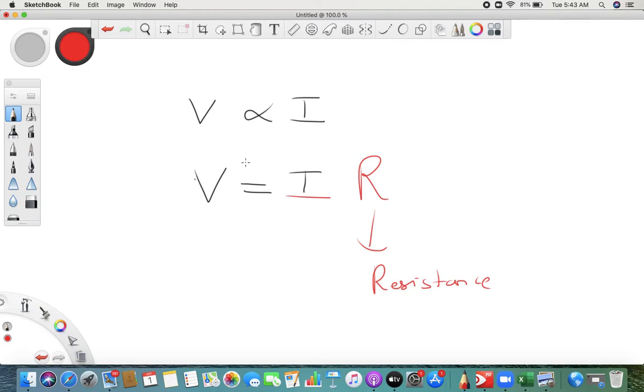So how do you write Ohm's law? In a definite physical situation, now why is this required? Because the physical situation also matters.